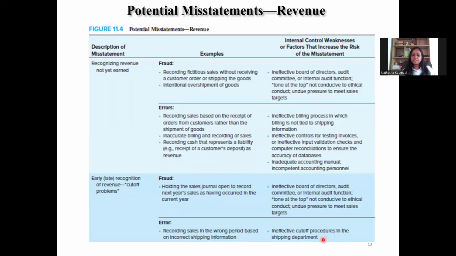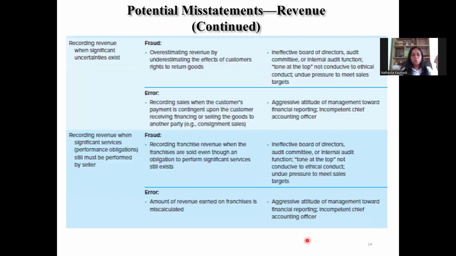Ineffective cutoff procedures in the shipment department. Those are the reasons. So you can see the way it has been written: you have the misstatement, you have the examples, and the reason is given. Go to the second one. Recording revenue when significant uncertainties exist. There are significant uncertainties, but still you have recorded the revenue.